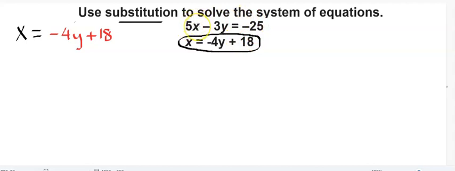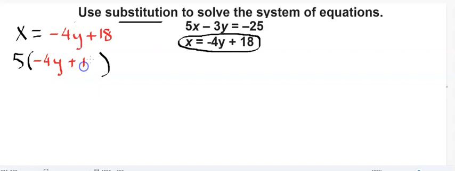I'm going to go ahead and substitute the negative 4y plus 18 into the x in the first equation. So in your first equation, you have 5 times x. But what is x? X is negative 4y plus 18.